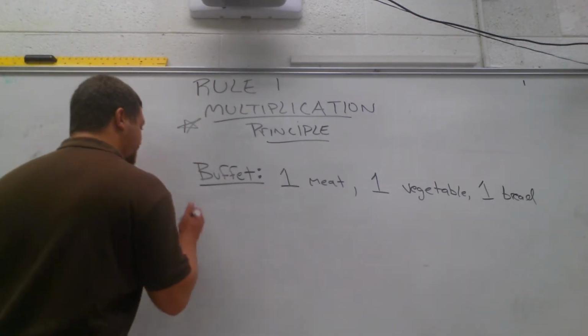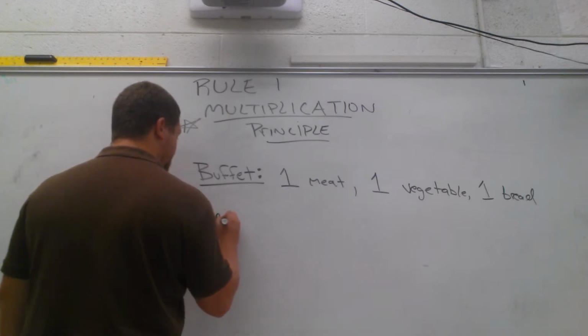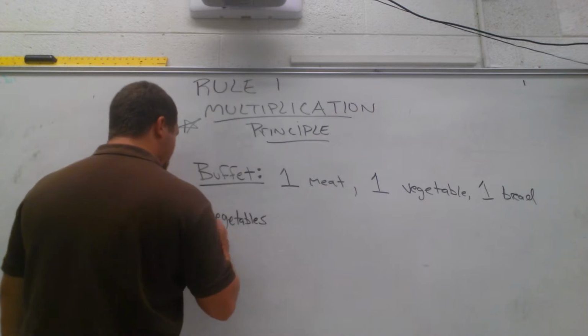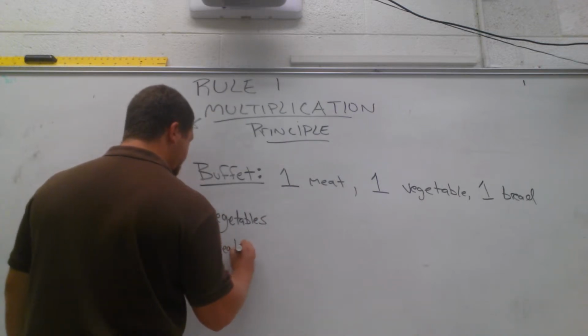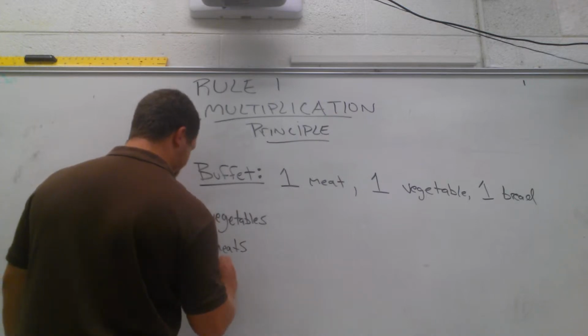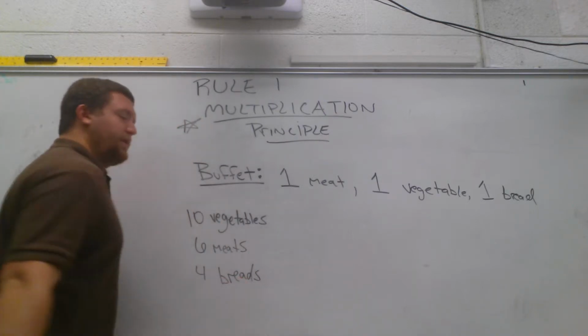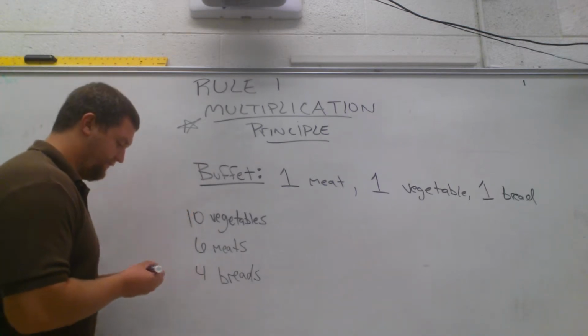So, it's Golden Corral, so there's probably, let's go with 10 vegetables. And probably, we'll say 5 or 6, we'll go 6 meats. And probably 4 breads. Now, look back at the definition you just wrote down, and we're going to talk about some words in there.